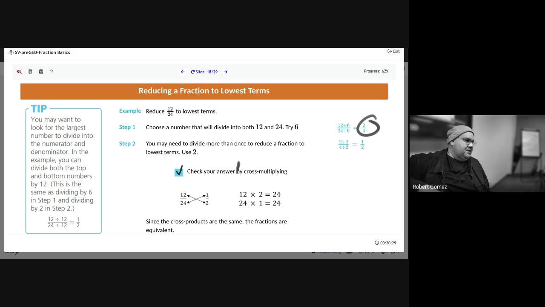Okay. And of course, you can always check to see if it works. Remember to cross multiply to check.